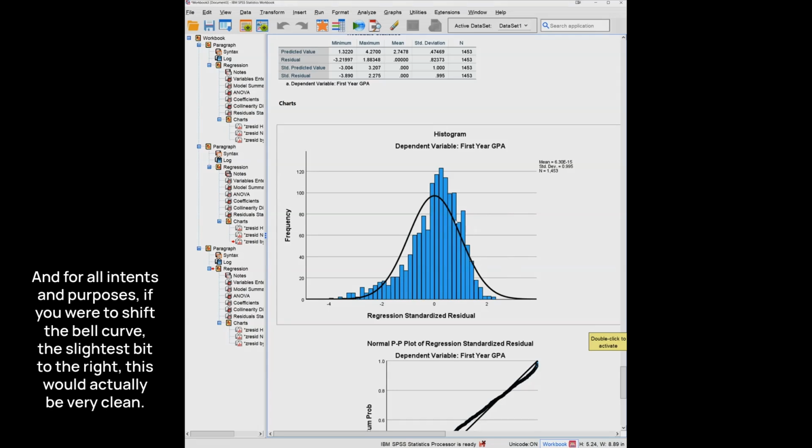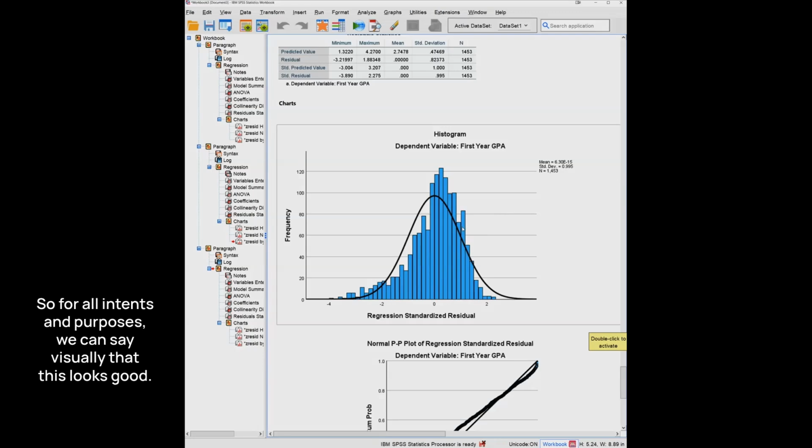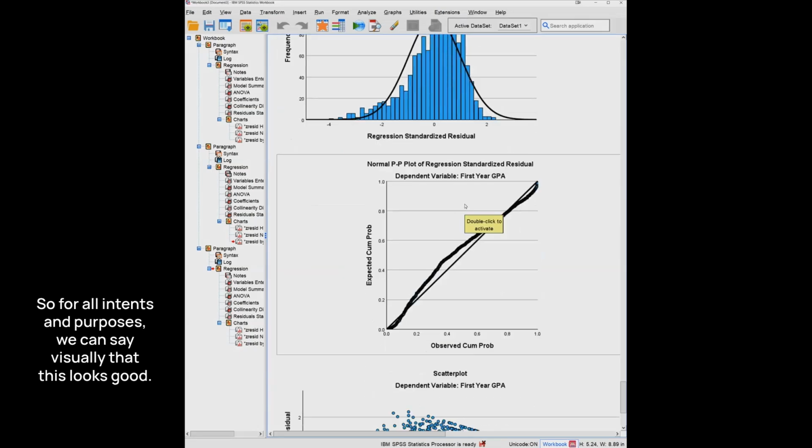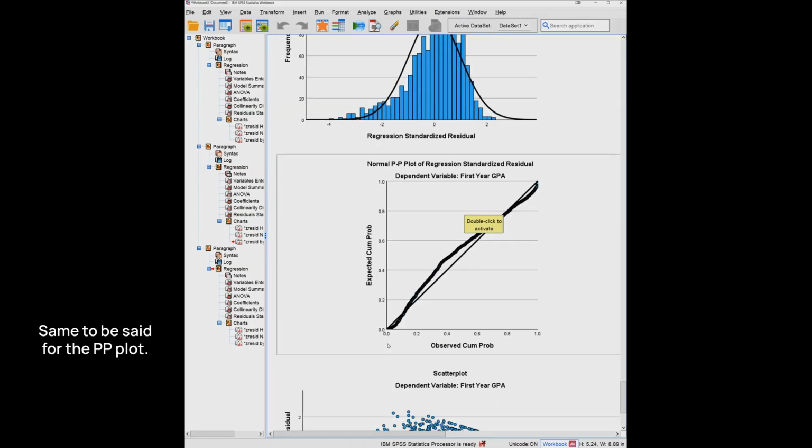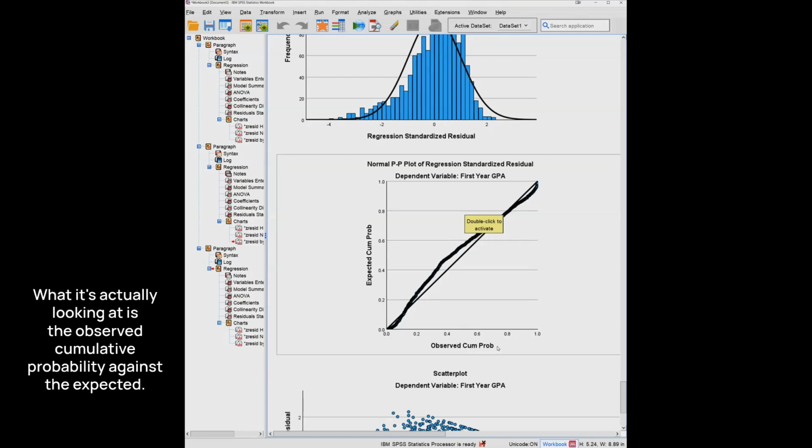For all intents and purposes, if you were to shift the bell curve the slightest bit to the right, this would be very clean. So we can say visually that this looks good. The same can be said for the PP plots. What it's looking at is the observed cumulative probability against the expected. It's plotting that, and you want to look at it on a diagonal line and see that they're lining up clearly.